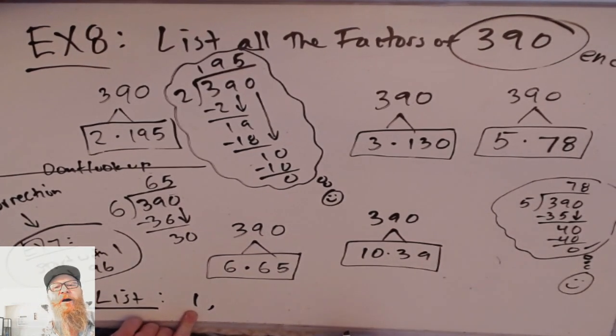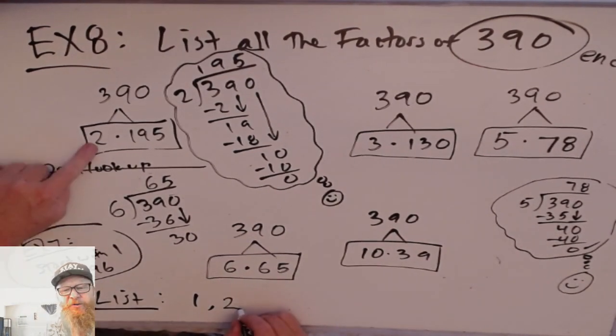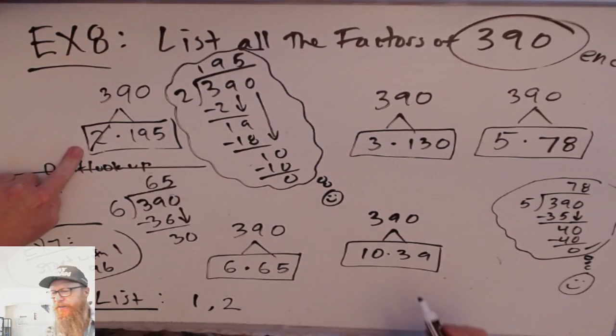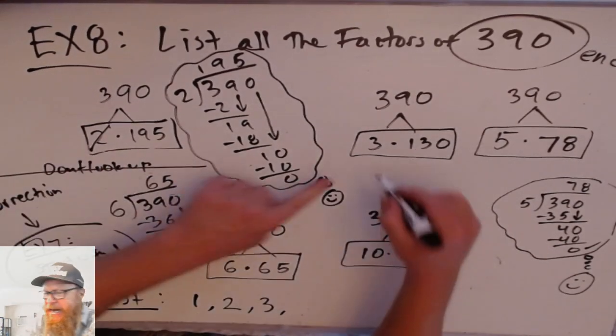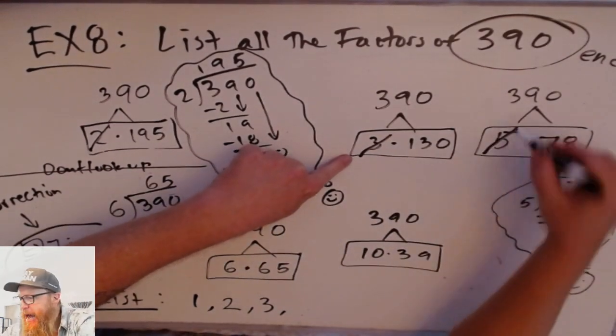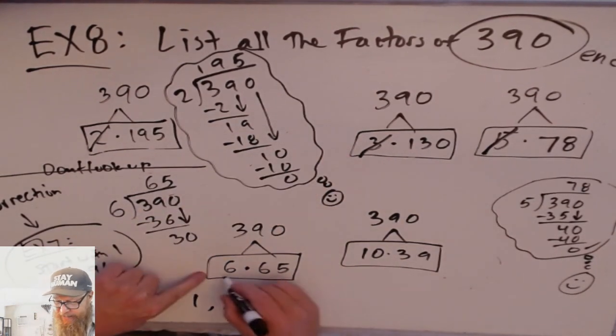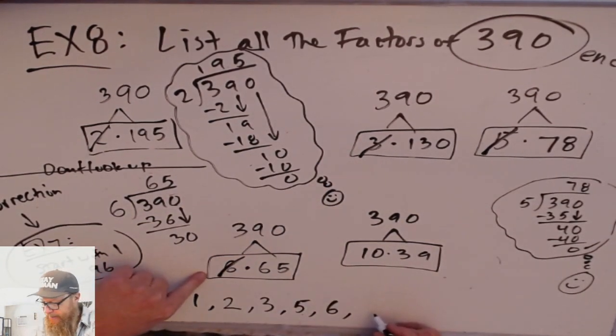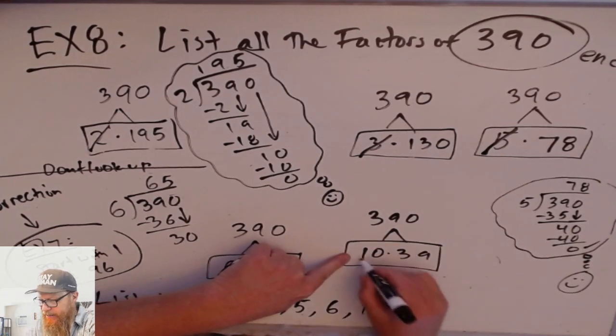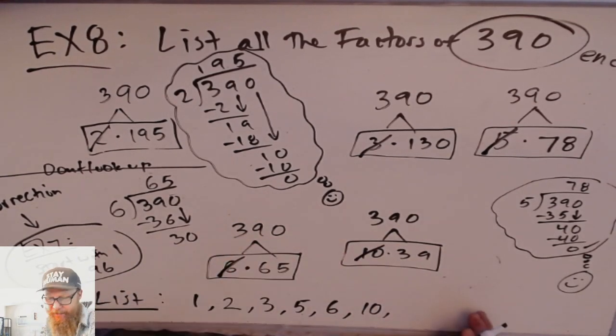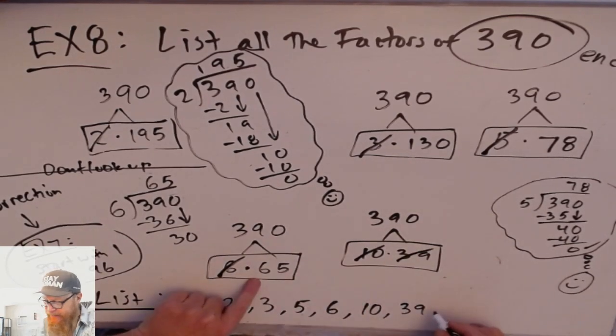So I'm going 1, 2, you can cross them off as you go if you like, 3, 5, 6, 10. What's next? 39, 65.